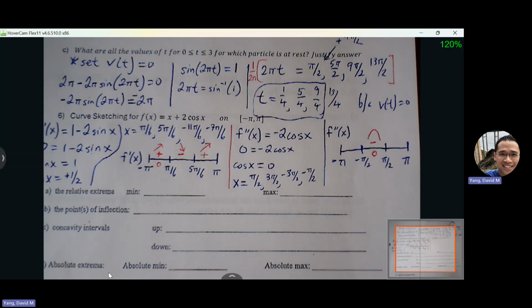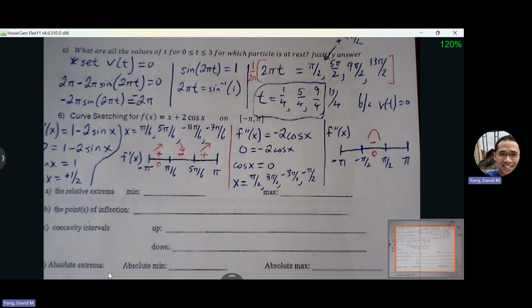So when I test 0 into my f double prime, negative 2 cosine of 0, cosine 0 is 1, 1 times negative 2 is negative 2, so negative. And then I can put concave up on either side of this. Your relative extremum, you can pull that x value from your slope sign line.